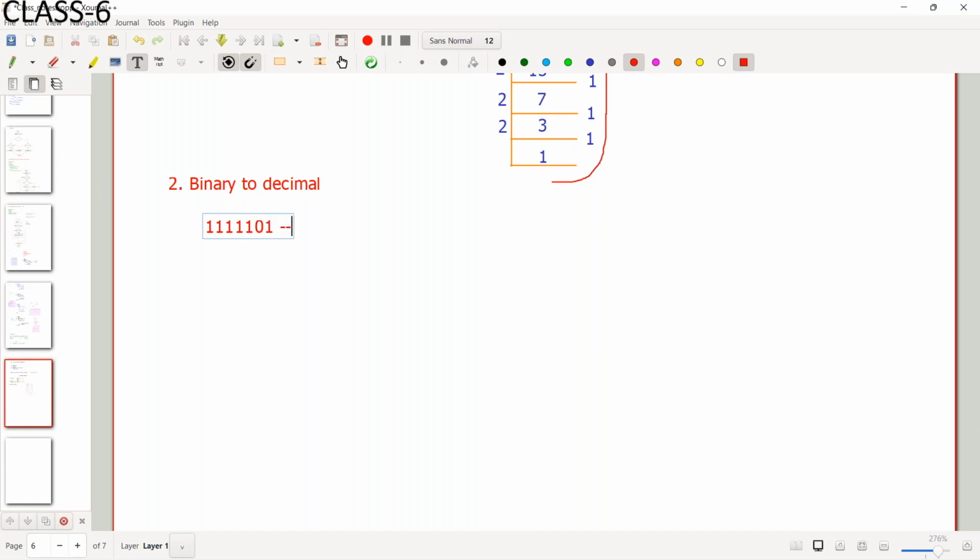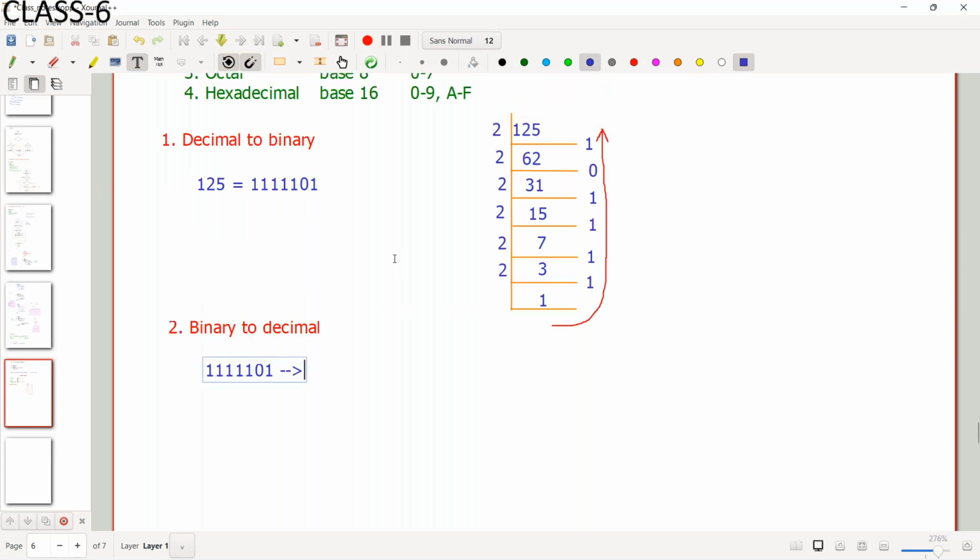If we have to convert this to decimal, what we have to do is multiply. For conversion to binary we did the division; converting back to decimal, we have to do the multiplication.